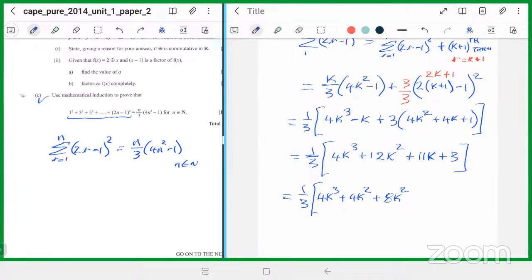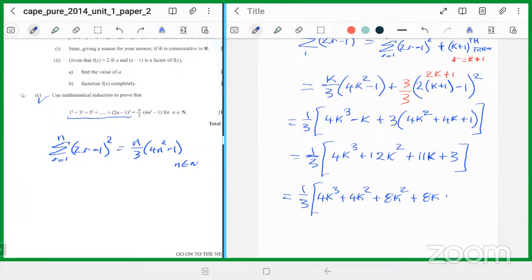Then now I need an 8k out of this to put with the 8k squared. So I break up this 11k with an 8k first. So I'm gonna put plus 8k, and what I have left is a plus 3k that must go there. So I break up that 11k into 8k plus 3k.